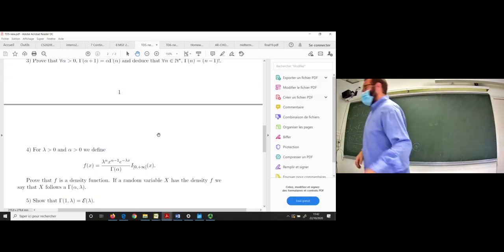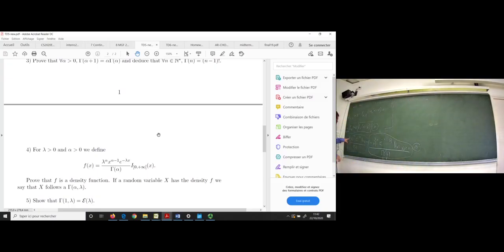I have some simplifications to do because I have s to the power something, s to the power something. So I obtain s to the power a plus b minus 1, because I have this term here and this term here.